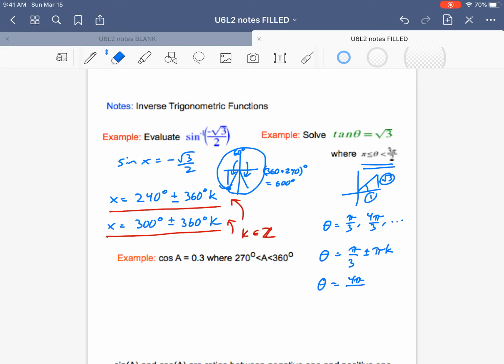Okay, that's the only answer. This is called a particular solution, right? Here's a general solution. This is a solution that gives you all the possible angles. When you have one of those or multiple ones, but not an infinite amount, it's called the particular solution.